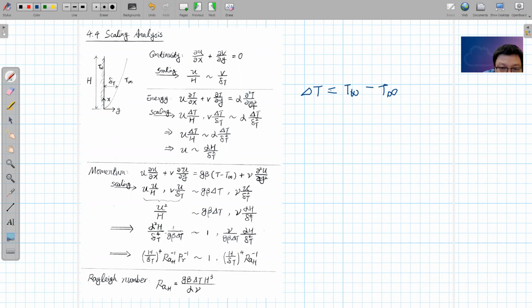If you bring this equation into this one here, you will get that this term and this term are the same order.